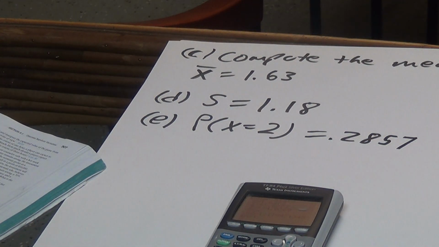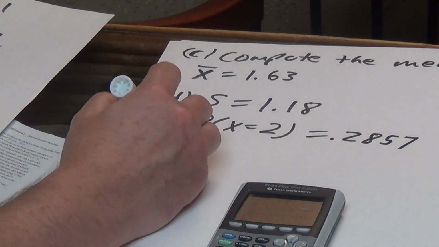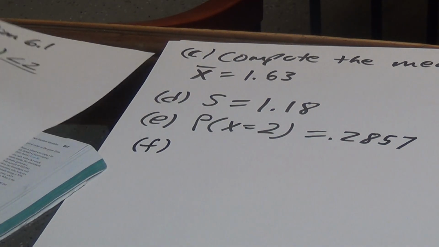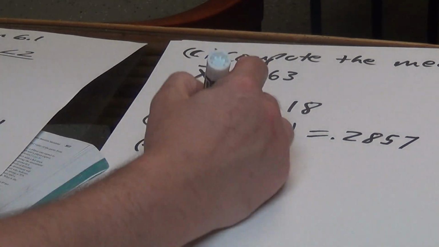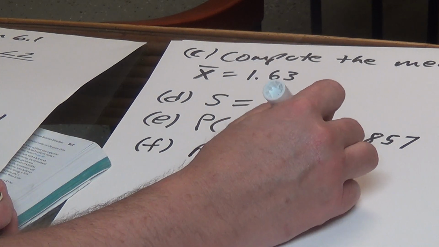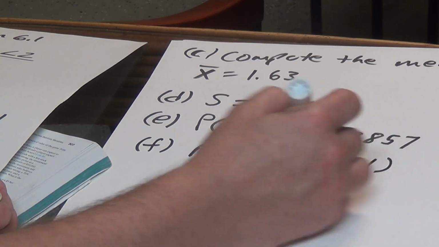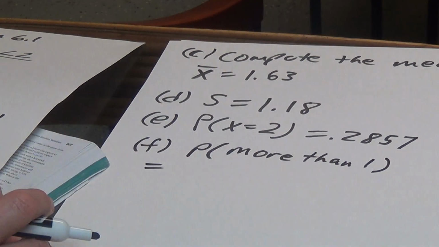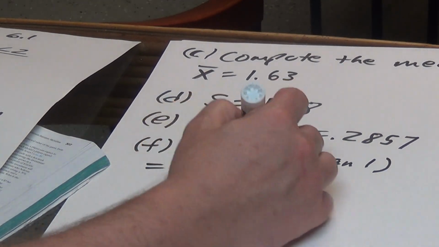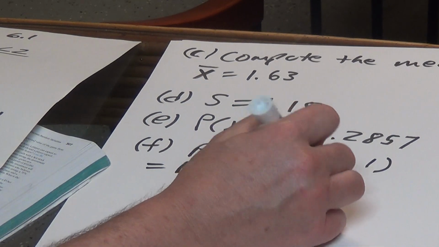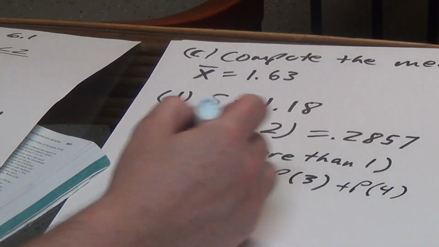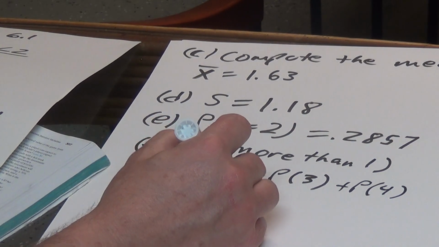And finally, one more, part F. Find the probability he got more than one hit. Probability more than one. That would not include 1 with that language, so that would be the probability of 2 hits, 3 hits, 4 hits, or 5 hits.